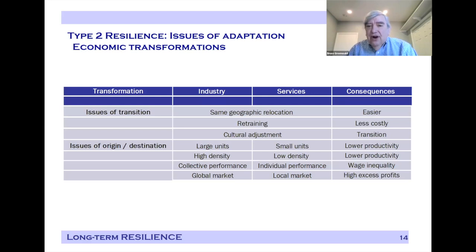Now, in terms of moving people, there's not the same geographic relocation that has to take place. There is retraining. There are big cultural adjustments because manufacturing jobs have typically been male jobs to a degree that service jobs have not been, and there are clearly cultural adjustments associated with that.